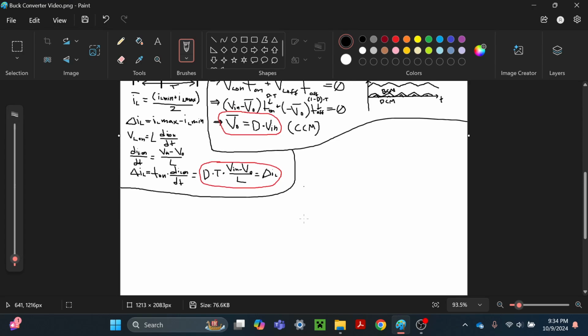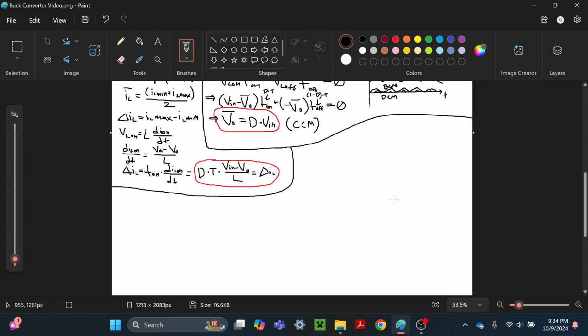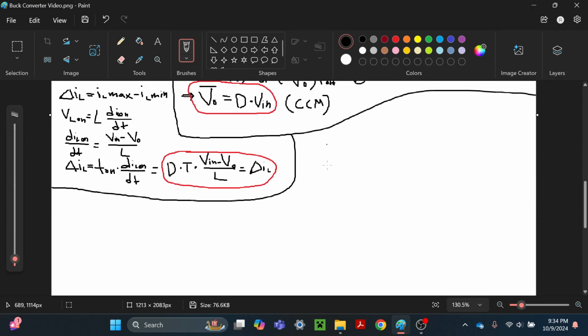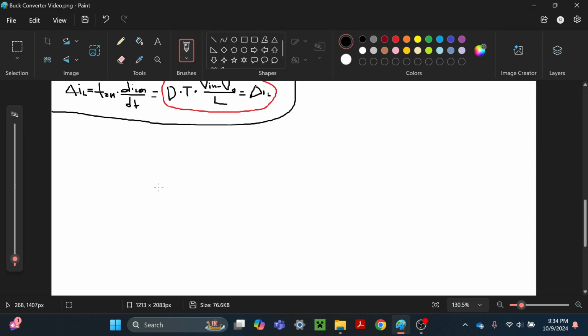All right. So with that said, now we can calculate the critical inductance. When we're calculating the critical inductance, we're going to want to choose the lowest percentage of the maximum load that we want to keep at continuous conduction, which is going to be barrier conduction.